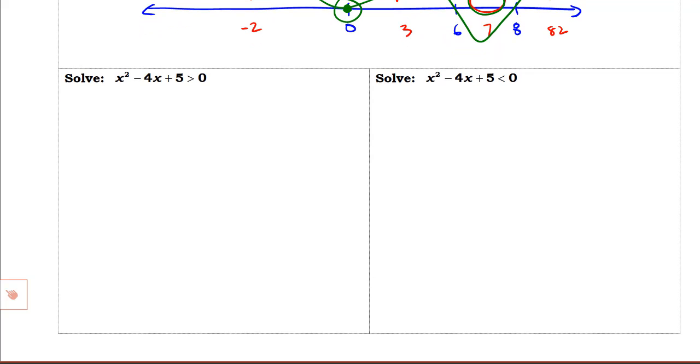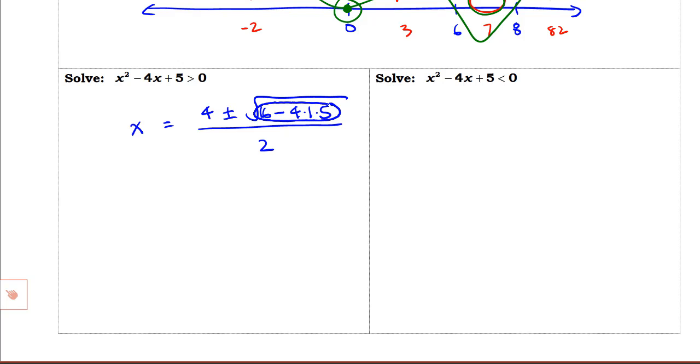Alrighty, how would you do this one? All right, so first off, you hope, you wish you could factor it. If the signs were different, we could, but we can't. And so we have x equals negative b plus or minus the square root of b squared minus 4ac over 2a. And what's the issue?